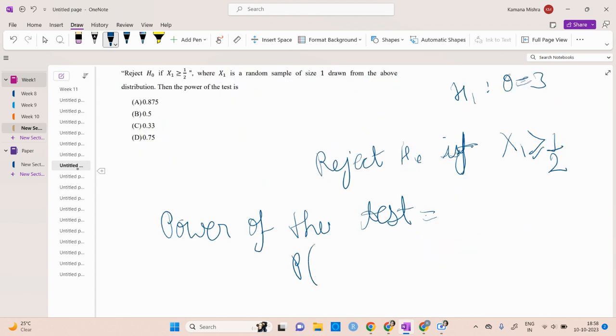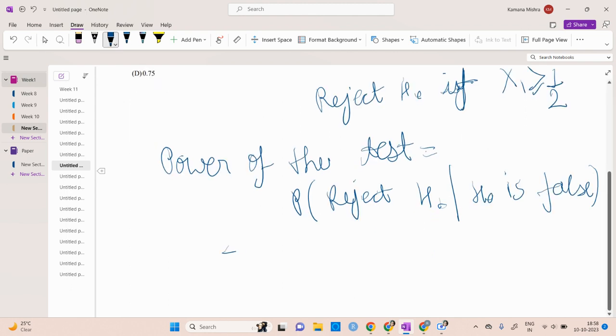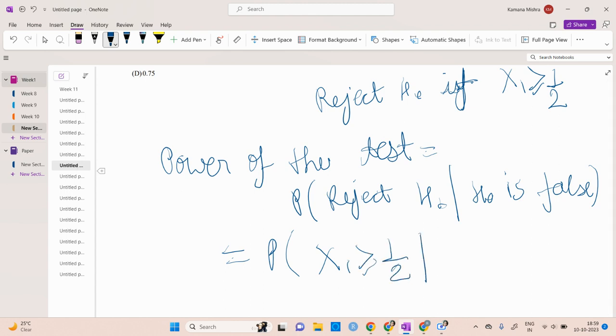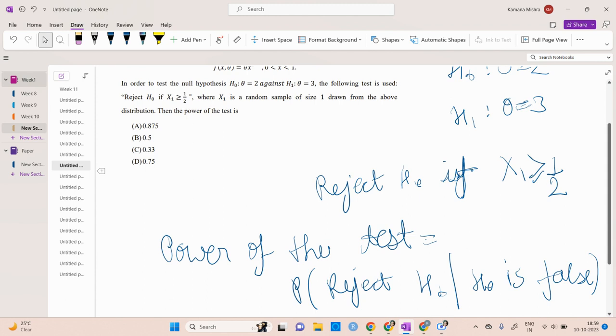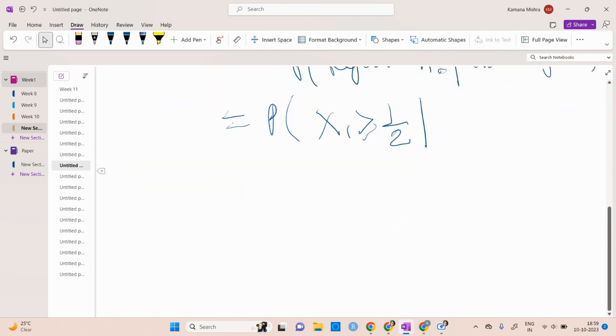So we can write that as probability of rejecting H naught when H naught is false. Right. So H naught is false means we are taking theta is equal to 3. So we are rejecting H naught when x1 is greater than or equal to half, right? And H naught is false, so we are taking theta is equal to 3, right?